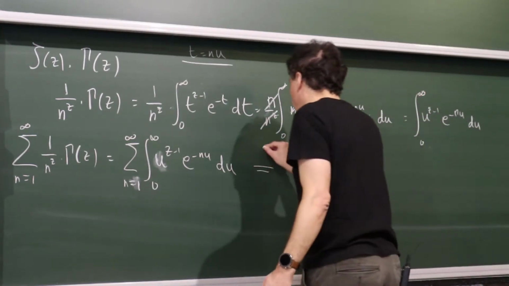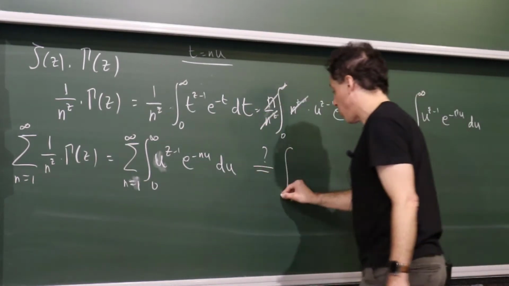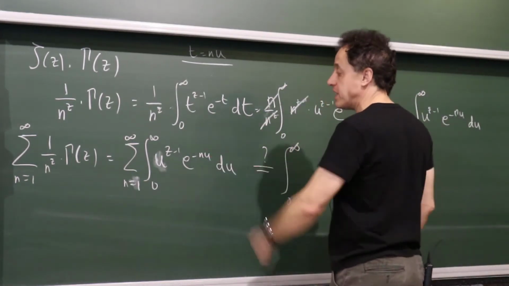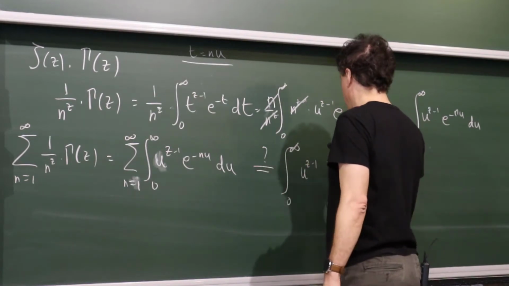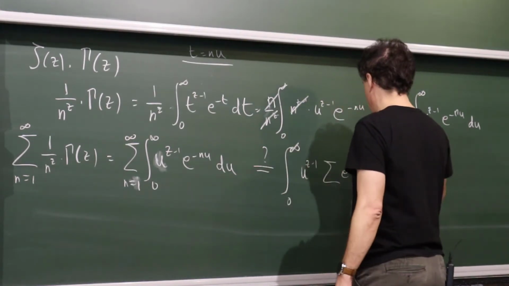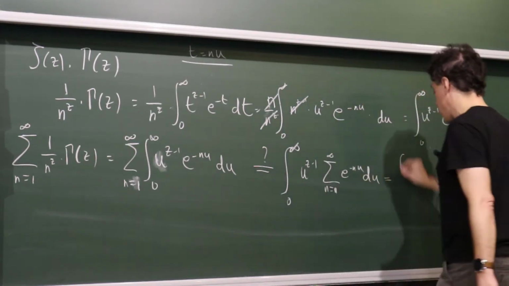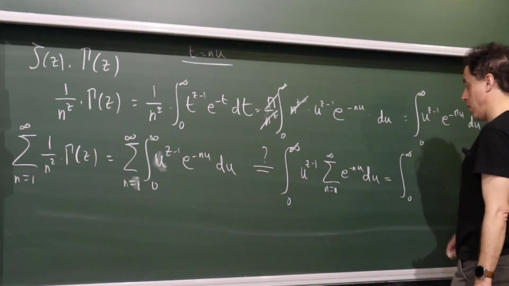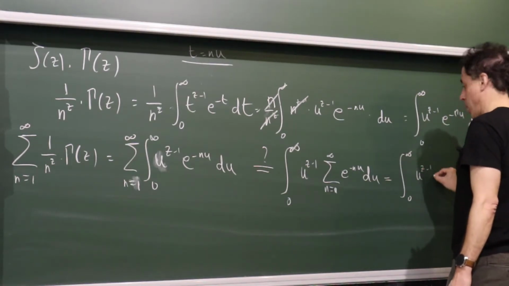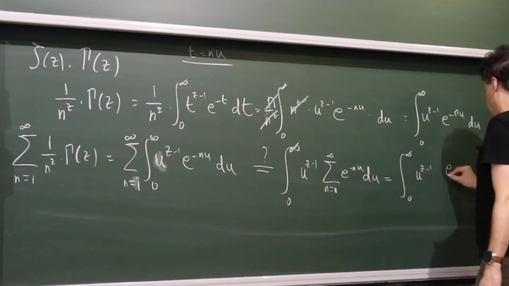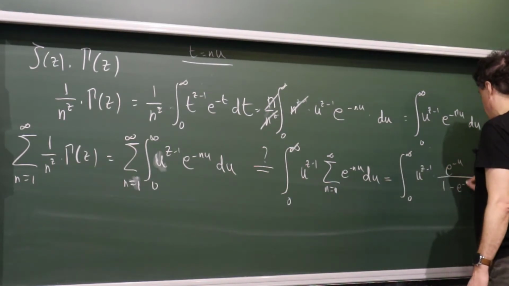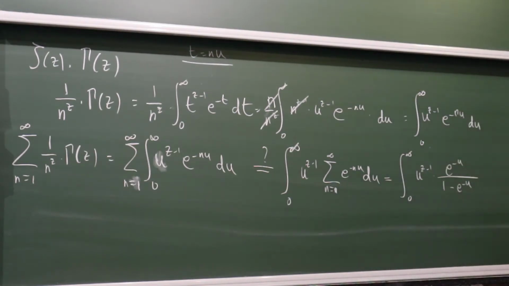So our objective would be to show that this is equal to the integral from 0 to infinity of this sum, from n equals 1 to infinity, of e to the minus u, 1 minus e to the minus u, something like this.